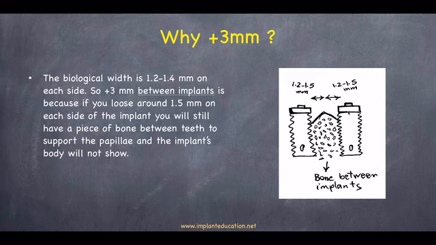And that horizontal component, according to literature, is anywhere between 1.2 to 1.5, but mainly around 1. So when the implants are placed 3 millimeters edge to edge, even if you lose some bone, again, due to biologic width reestablishment after the trauma, which is the implant placement in this case, we will end up still with some bone that will support the soft tissue papillae.